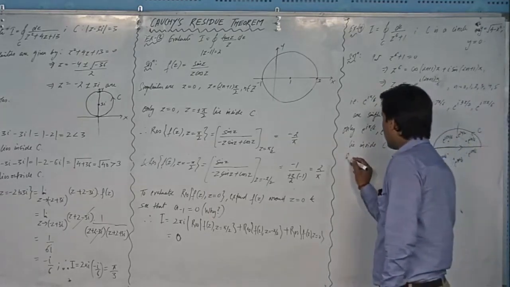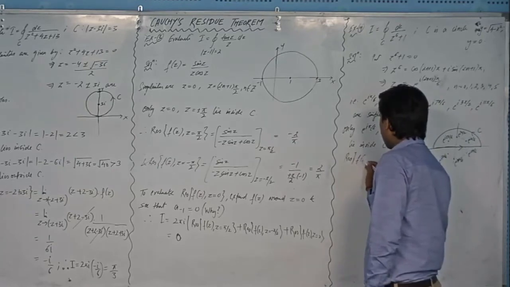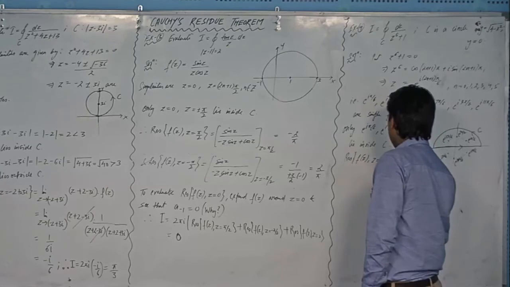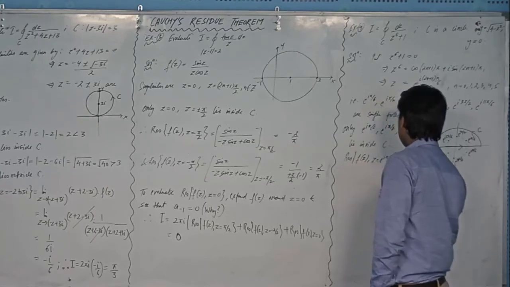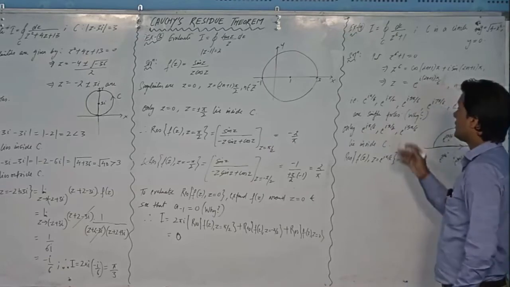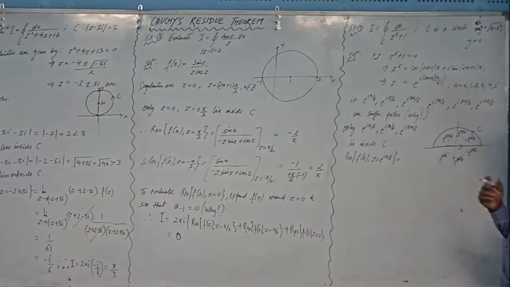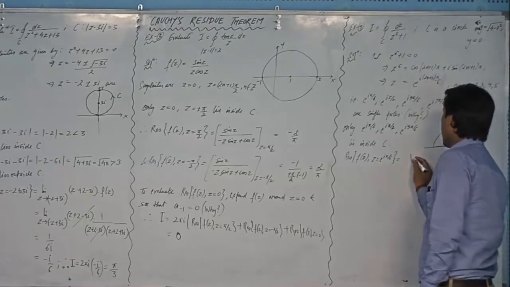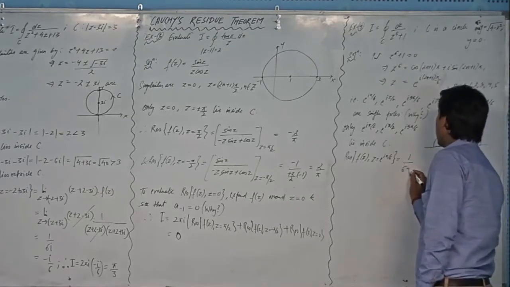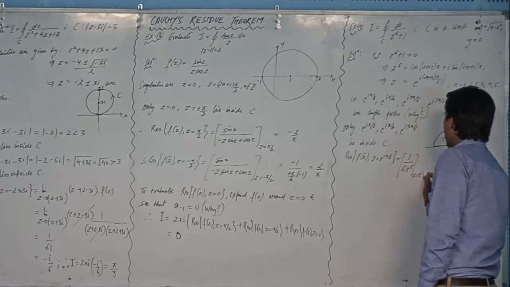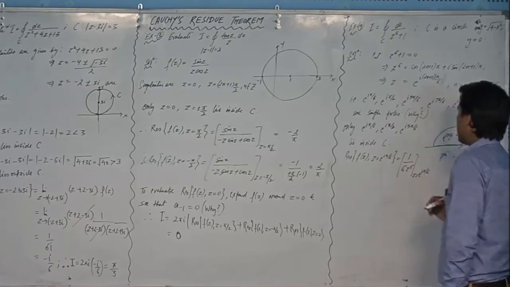Okay, so the residue of f(z) at z equal to e to the power iota pi by 6 equals, and since all of them are simple poles, I will use that shortcut formula. The numerator is 1, and I will differentiate the denominator, that is 6z to the power 5, and then I will plug in z equal to e to the power iota pi by 6, right?